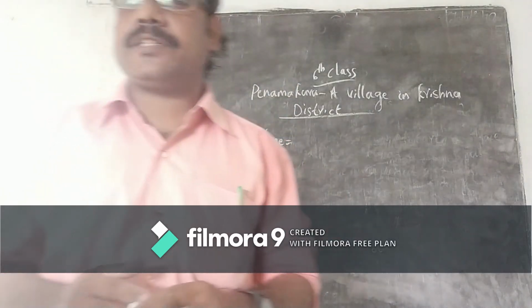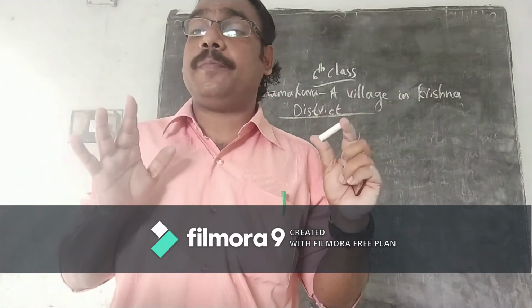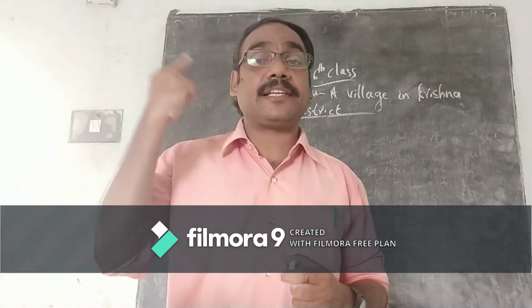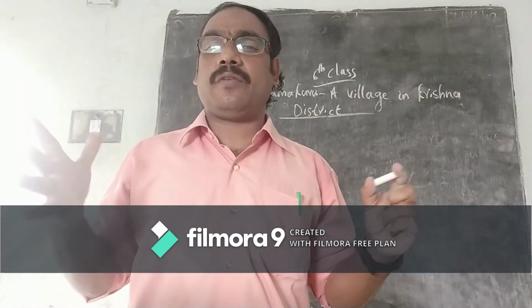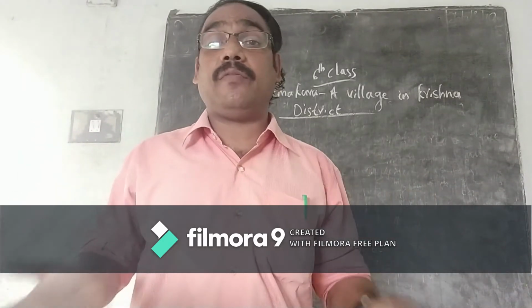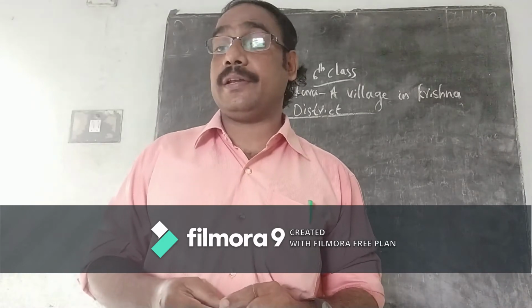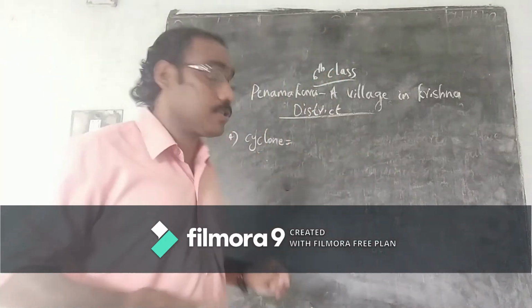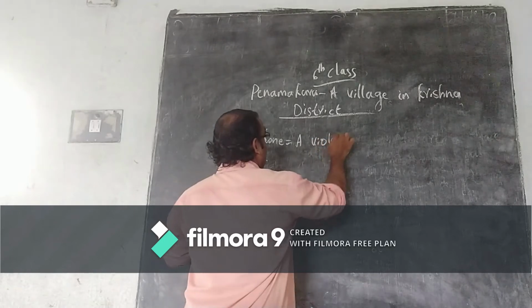What is the definition of cyclone? A violent tropical storm in which strong winds move in circle. Is it clear? So very strong wind. If we go into that, we will be taken along with that. So such a kind of strong wind. A violent tropical storm.